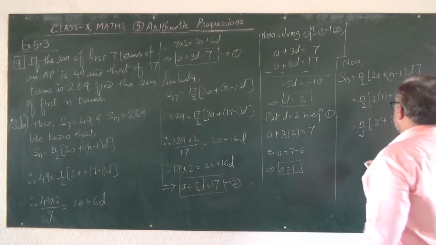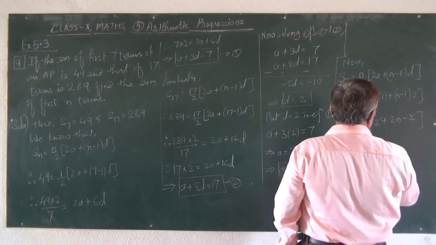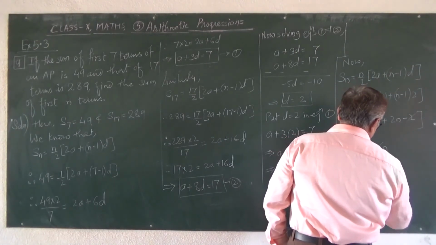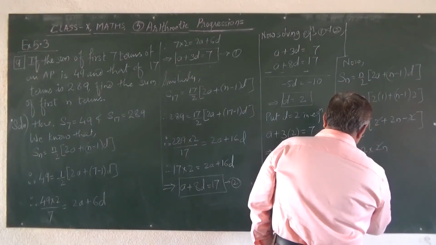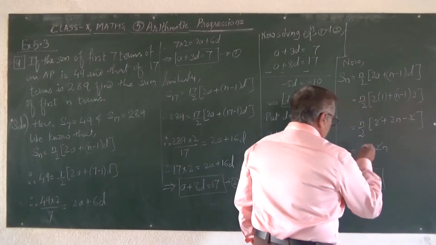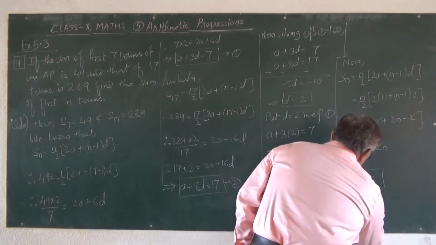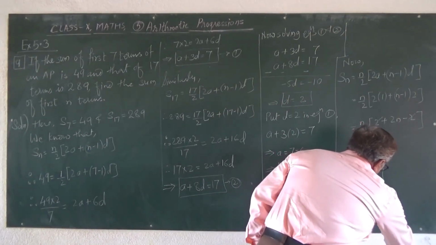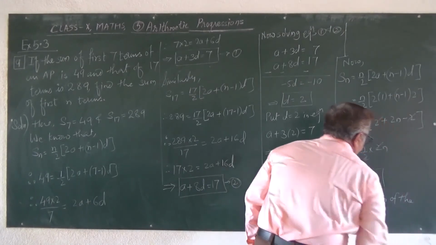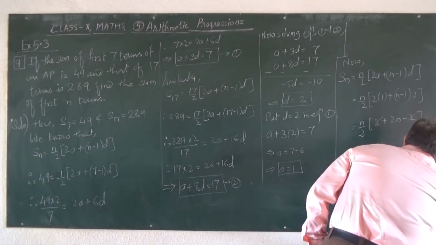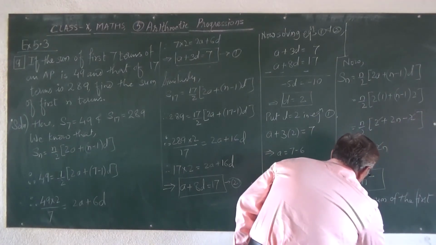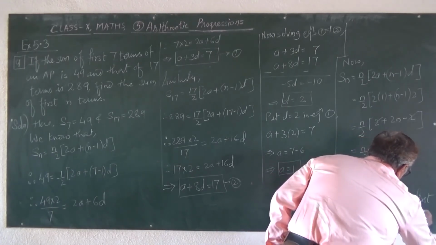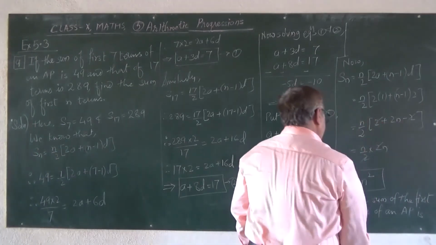Plus 2 minus 2 cancels. So n by 2 into 2n. The 2 cancels, so you are going to get n square. Therefore, you can write the answer: the sum of the first n terms of an AP is n square.